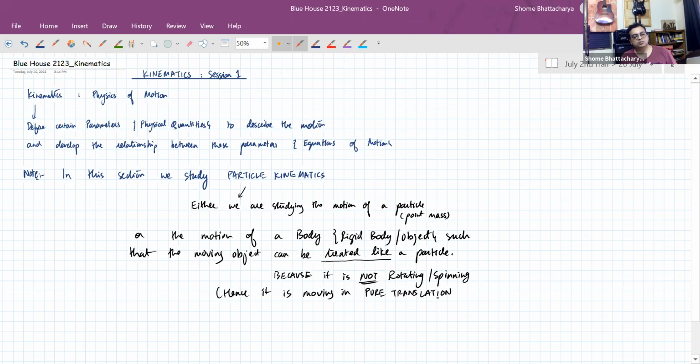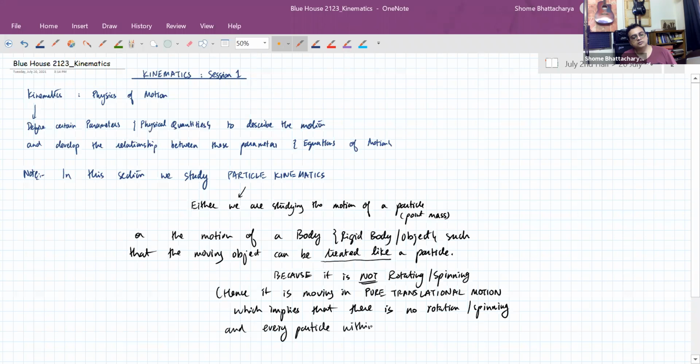So it's moving in pure translational motion, which implies that there is no rotation or spinning, and every particle within the rigid body has identical motion.